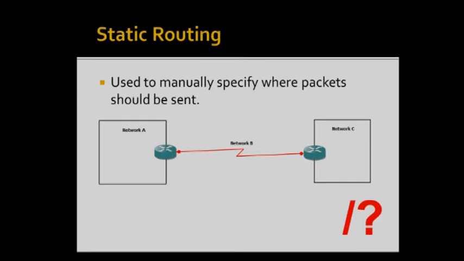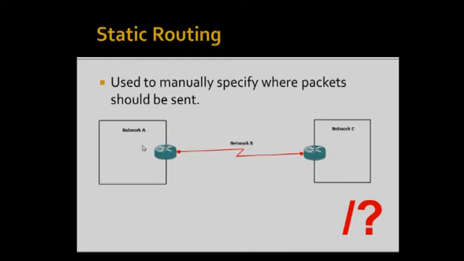So we have these devices that do this for us, but we have to live by a few rules. Namely, routers only know about the networks that they are directly connected to by default. For instance, the router here, let's call it R1, is directly connected to network A and network B. And it will know about those because it's directly connected to them.